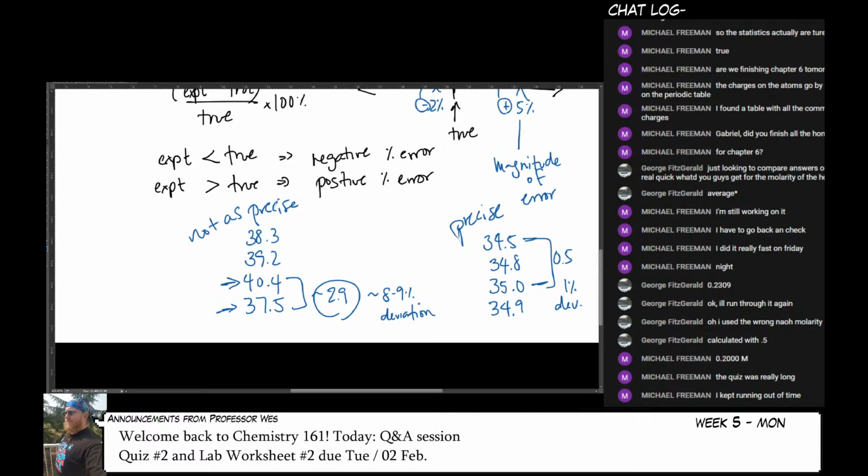What am I logging into? There. Oh, I've already logged into this. Quiz 2. I don't want to edit it. I set it for 45 minutes, right? Yeah, I did. Okay.